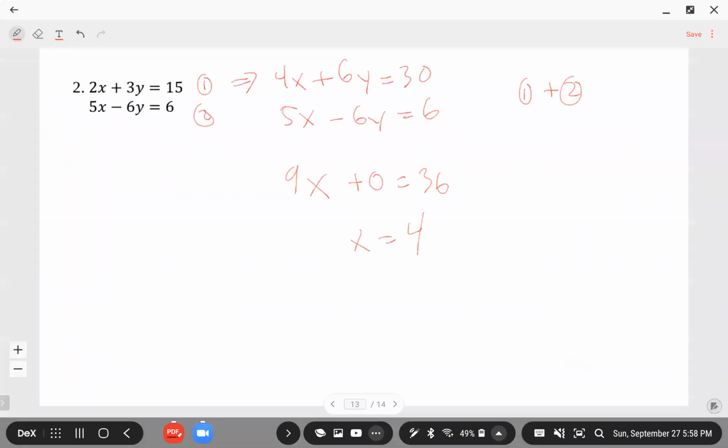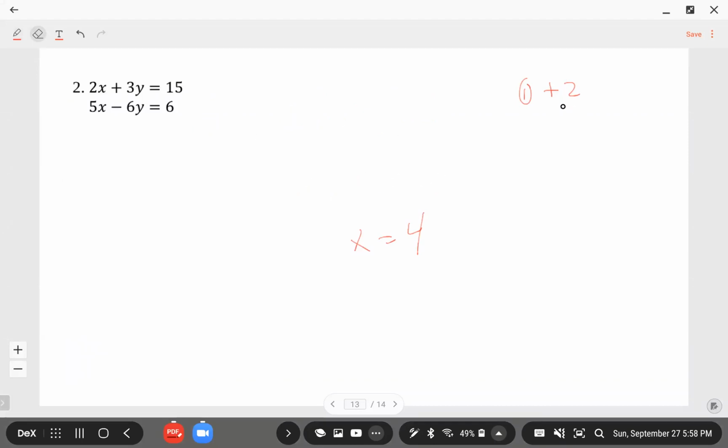Okay, very good. So now we just have to plug in x into one equation. Let's plug it into the second equation. Let's erase all this and make some room. 5x minus 6y: plug in x, 5 times 4 minus 6y equals 6.